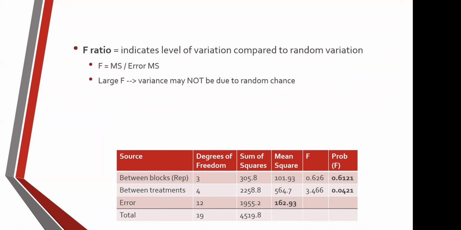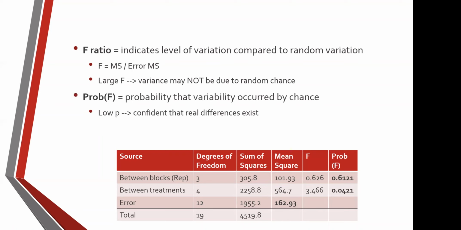Then we calculate an F ratio, which indicates the level of variation from that source compared to the random variation. The larger the ratio is, the more likely that variance from this source is not due to just random chance.